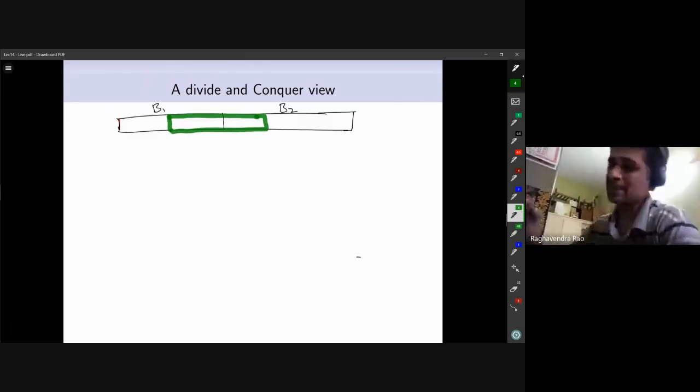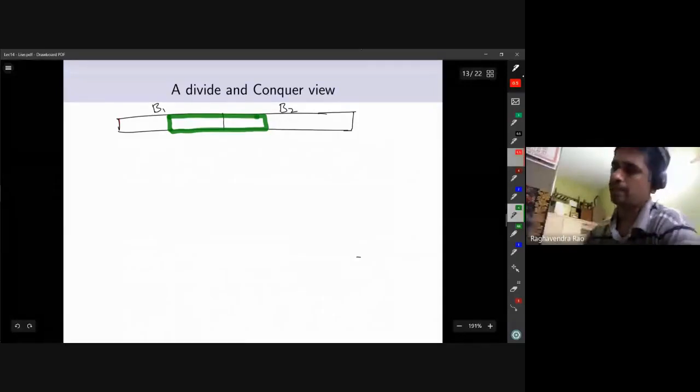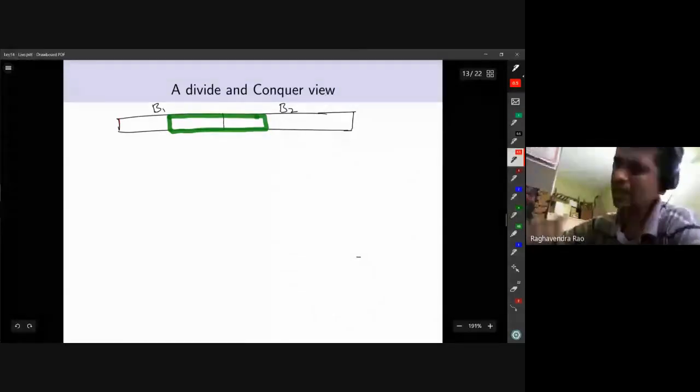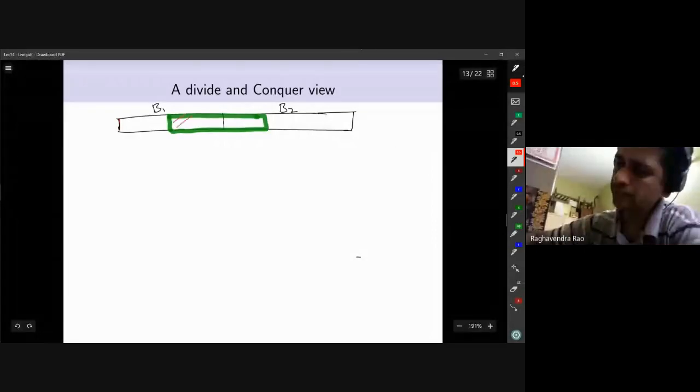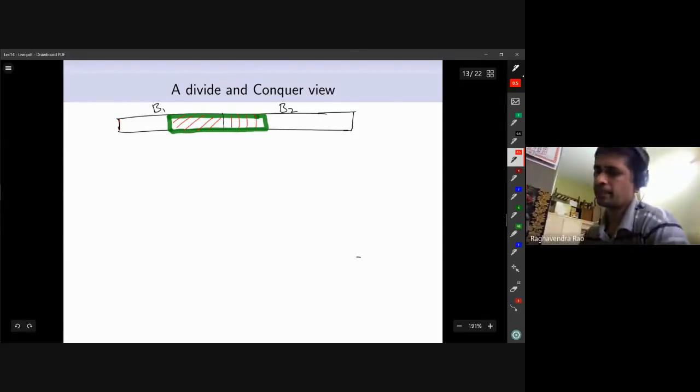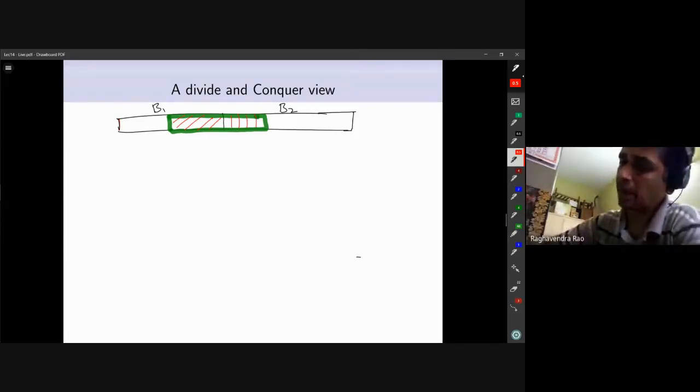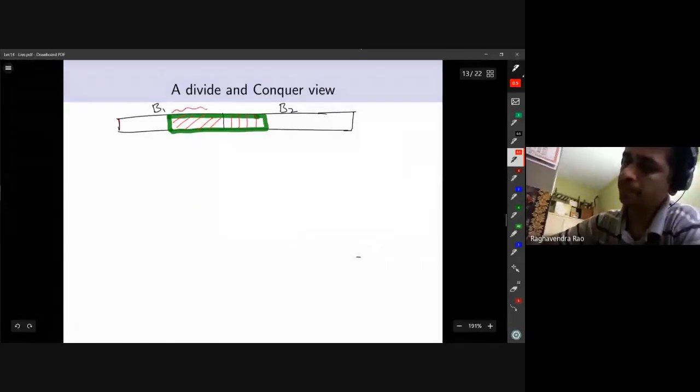So I want to maximize this value, but let's have a closer look at it. If you consider any such subarray, you can split it into two subarrays. The slanted bars correspond to the portion which is completely within B1, and the vertical bars are completely within B2.